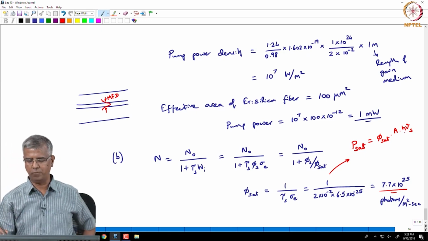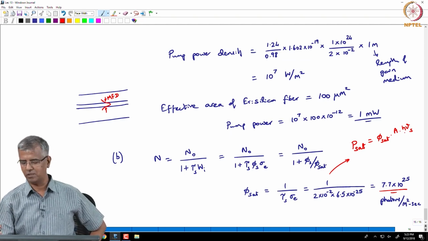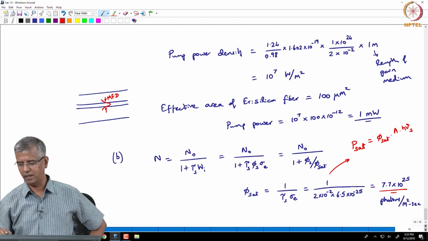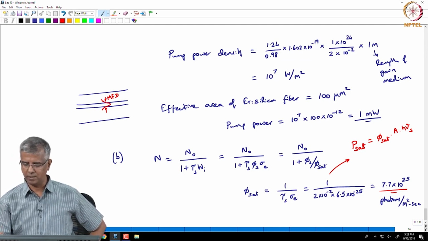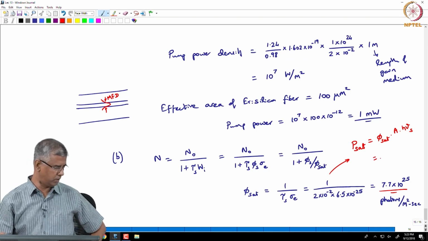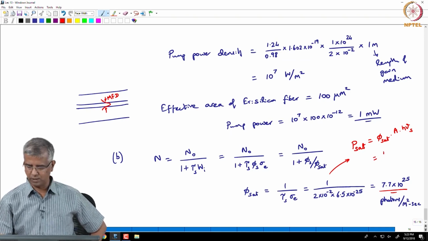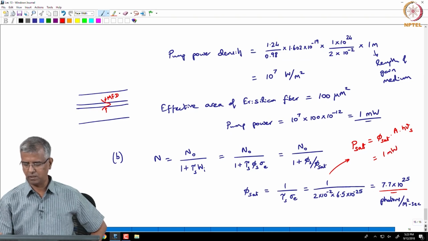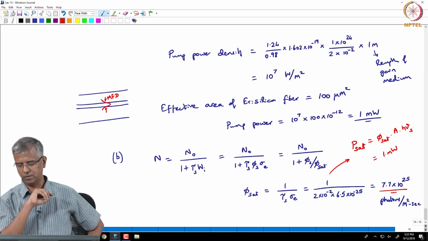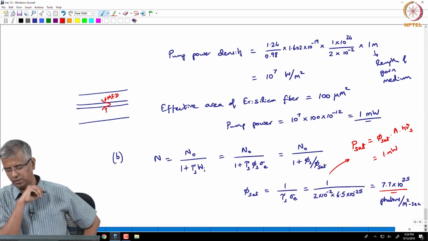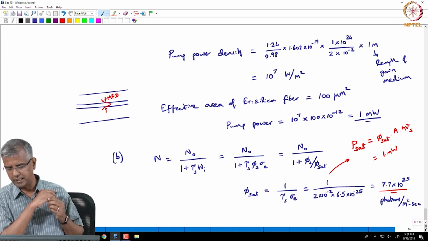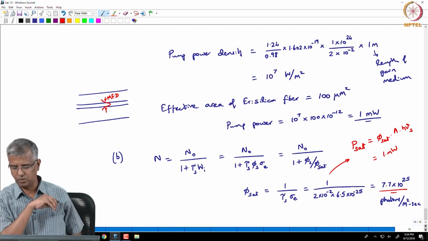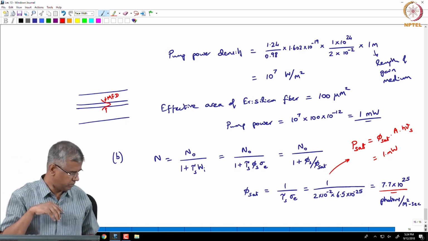And if we do the same, the area is 100 micron square in this case, and the signal photon corresponds to, let us say, 1530 nanometers. If you calculate this, it would work out to be something in the order of milliwatt also. So, the saturation power P sat can be picked up, and that also would correspond to about a milliwatt, a few milliwatts.